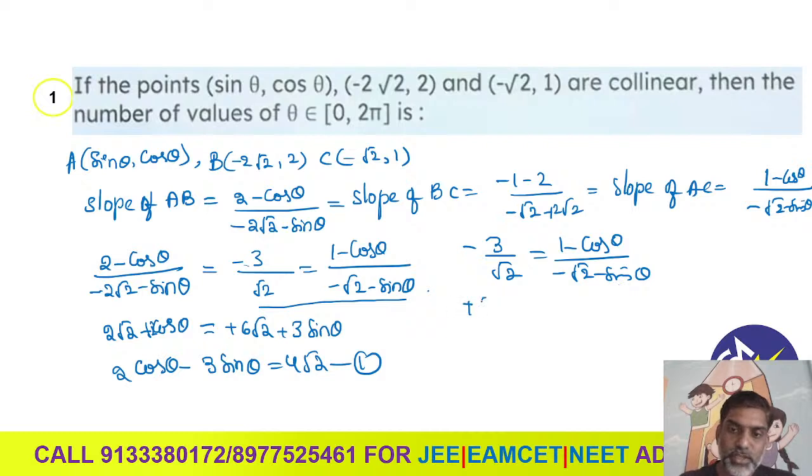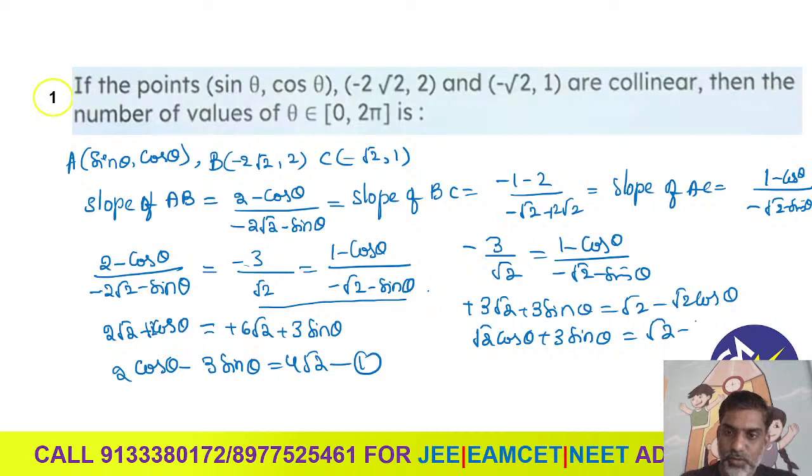So minus into minus, plus 3 times root 2 plus 3 sin theta, which is equal to root 2 minus root 2 cos theta. Then the root 2 cos theta sent here: square root of 2 times cos theta plus 3 sin theta equal to square root of 2 minus 3 times square root of 2.